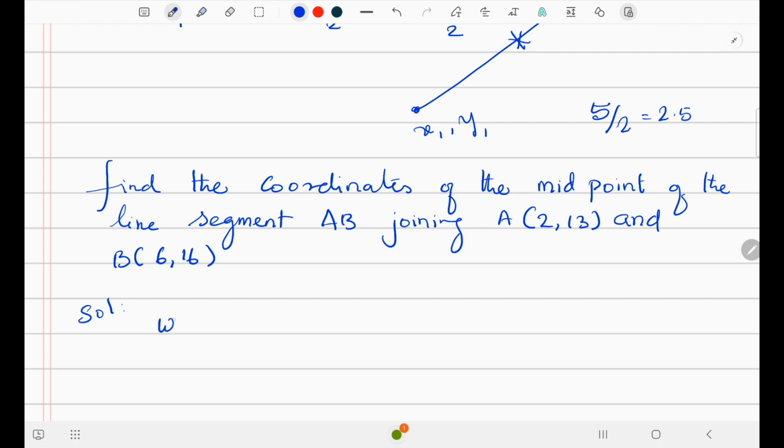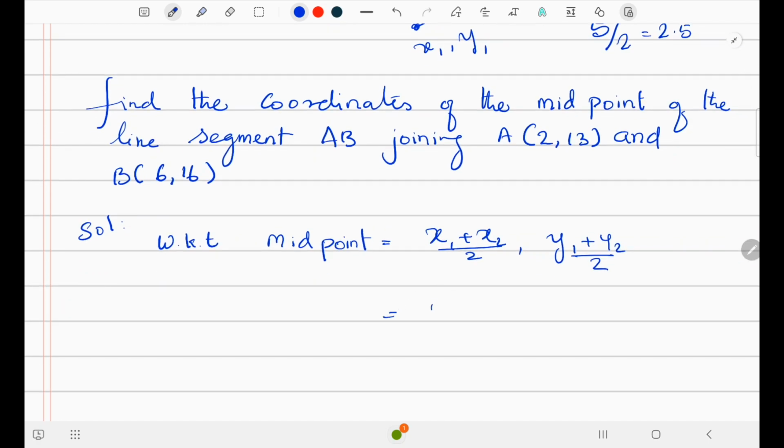We know that, WKT in short, the midpoint equals summation of x1 and x2 divided by 2 comma summation of y1 and y2 divided by 2.